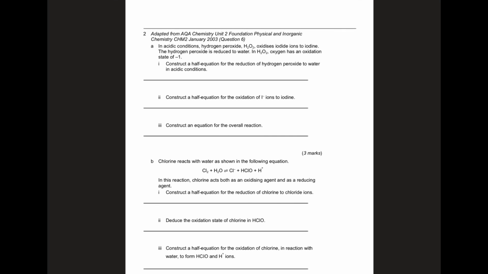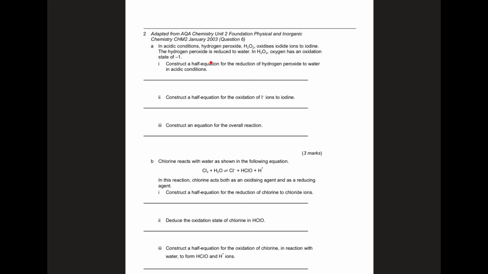Question 2. A. In acidic conditions, hydrogen peroxide H2O2 oxidizes iodide ion to iodine. The hydrogen peroxide is reduced to water. In H2O2, oxygen has an oxidation state of -1.